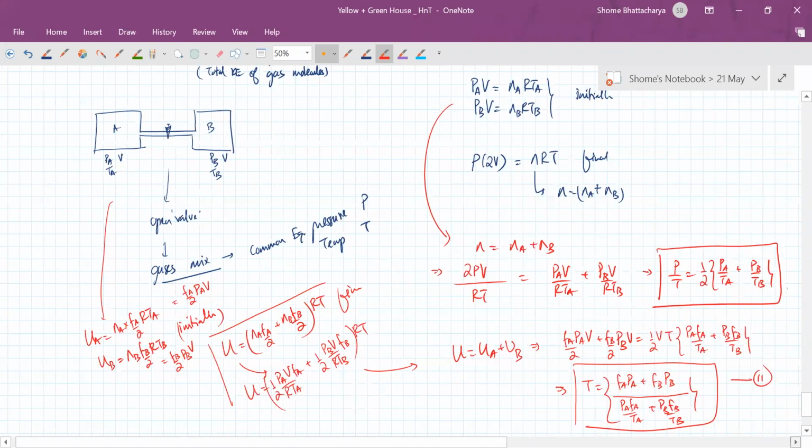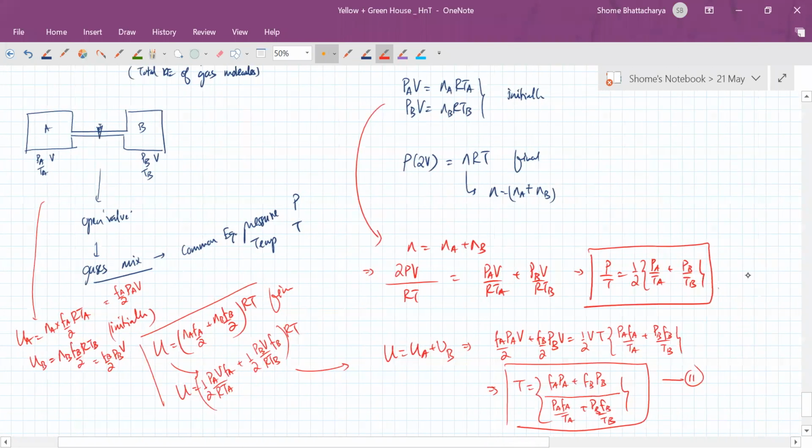That would have given the pressure. But in this question, you were just asked to prove this first equation and nothing else. So you didn't have to do the analysis about the energy.